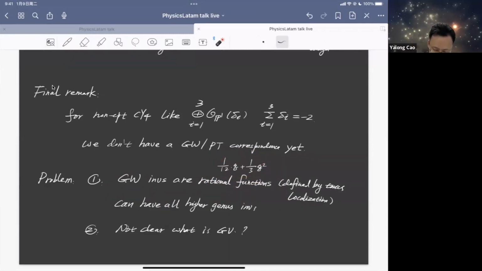It does not seem to make sense. We don't see any way to define Gopakumar-Vafa invariants in such a torus localized case. So the final thing I want to say is that it will be interesting and also very challenging to work in this direction.